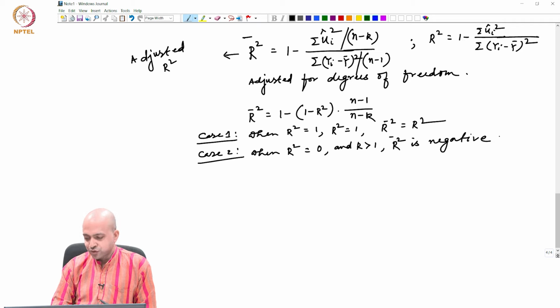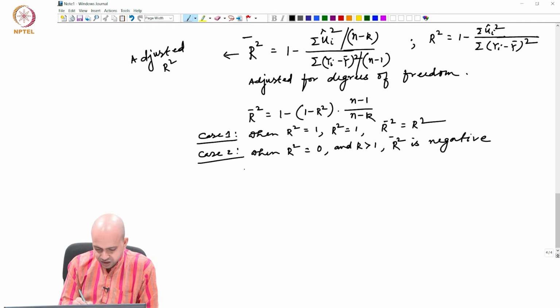R bar square may become negative also. That means while R square lies always between 0 and 1, R bar square may become negative when R square equals 0. Of course, that is a very, very rare possibility that in a model R square equals 0, but theoretically this is also possible.